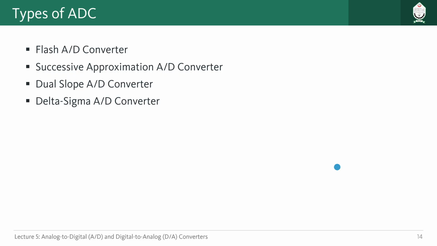Here the first three we will discuss in our lecture today, and to understand dual slope ADC we will discuss single slope ADC, but practically single slope is not implemented because dual slope is basically an improvement of that, and we will try to understand that.